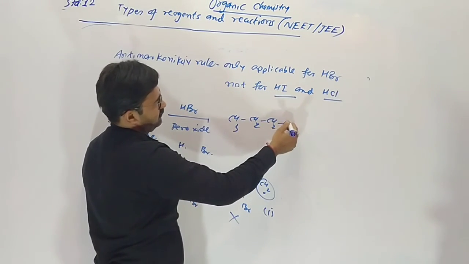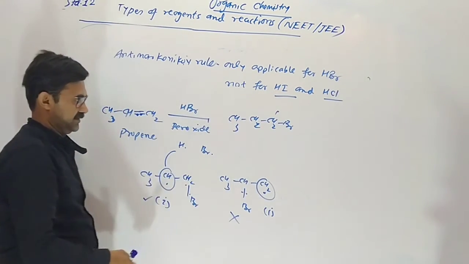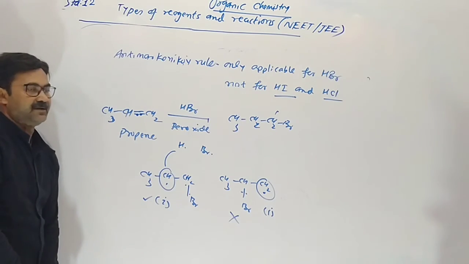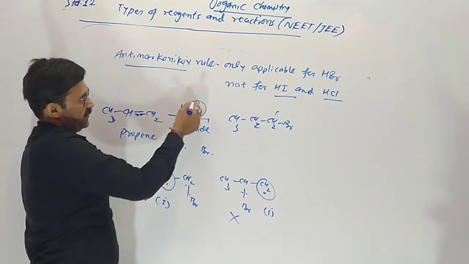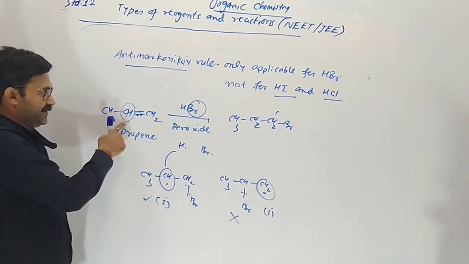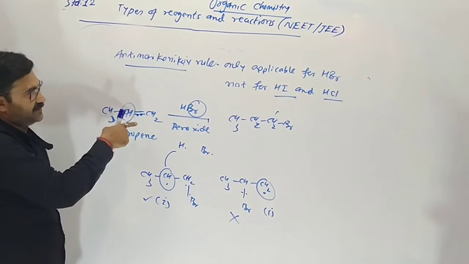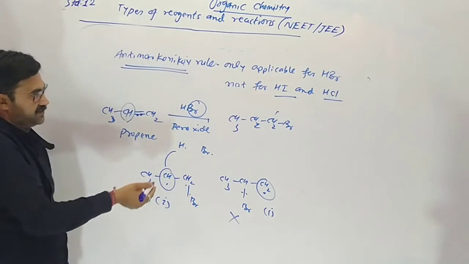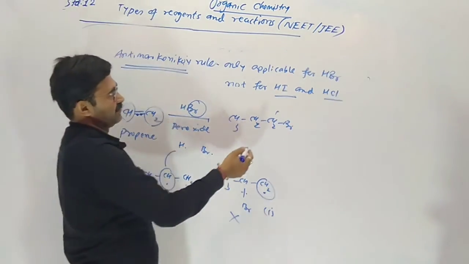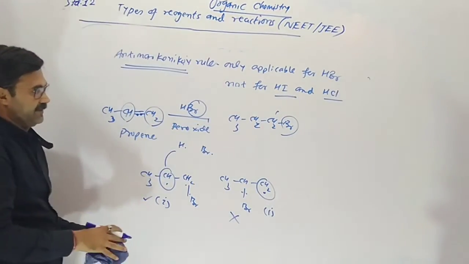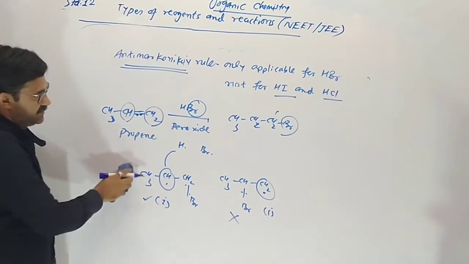So 1-bromopropane occurs. We know in Markovnikov's rule, the more negative part combines with the carbon having less hydrogen, but here in anti-Markovnikov it is the inverse. The more negative part combines with the carbon having more hydrogen, but this is applicable only for HBr.